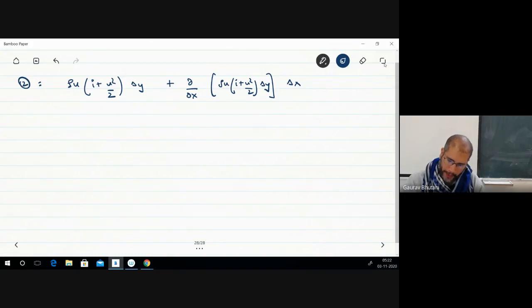So this delta y can actually be taken out, because del by del x of delta y, well, delta y is a constant. So we get this expression. So that's number 2. Now, number 3, I don't need to do this again. I can simply use the same idea.